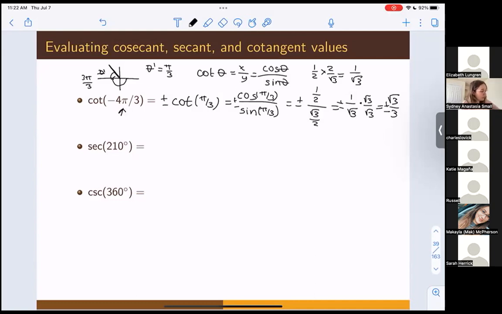Well, we're in the second quadrant, which means that our X value is negative and our Y value is positive. So when we divide the X value by the Y value, it's going to be negative. So our cotangent is going to be a negative √3 over 3, because that ratio of the X value to the Y value is negative.